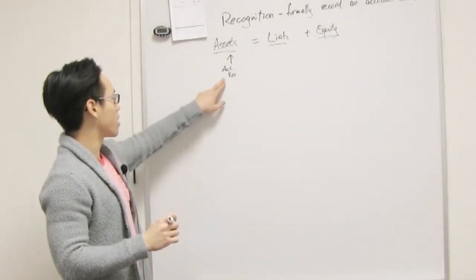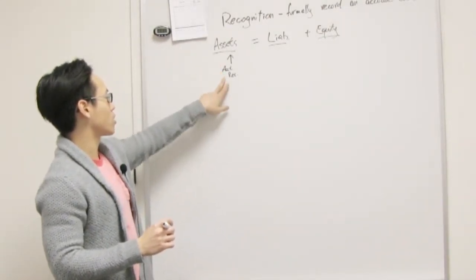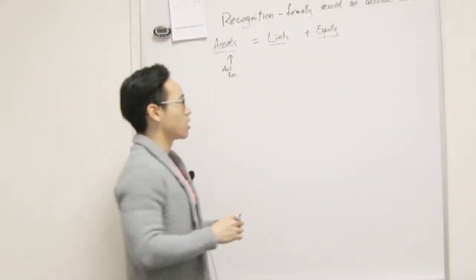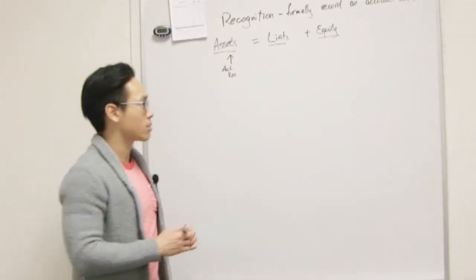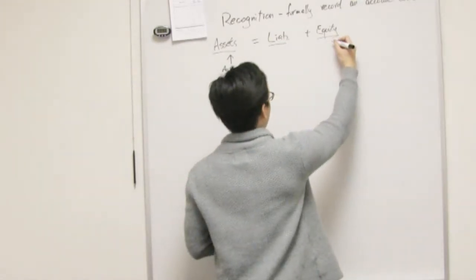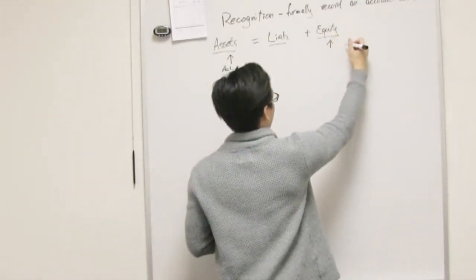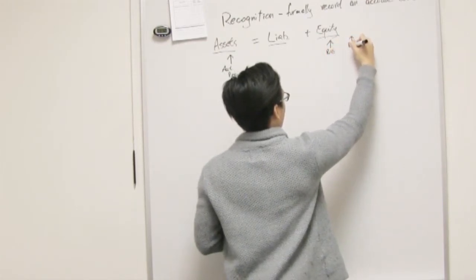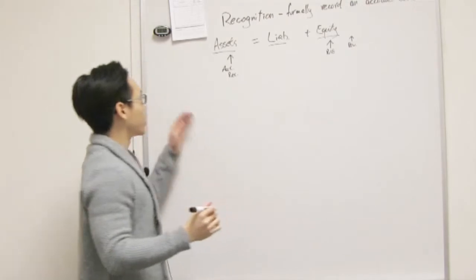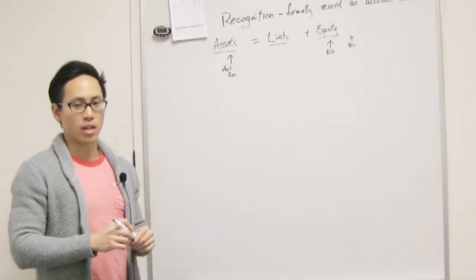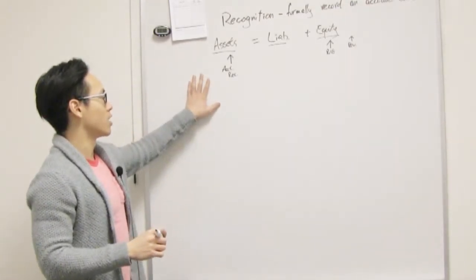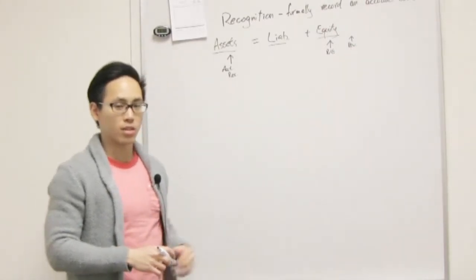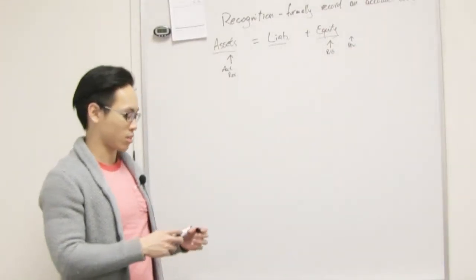On the other hand, because you provided a service, your retained earnings will go up because your revenue goes up. So this will be an example of recognition. You recognize the revenue because you provided service to customers.